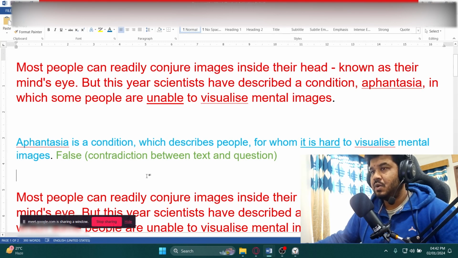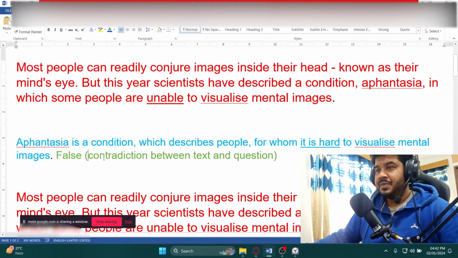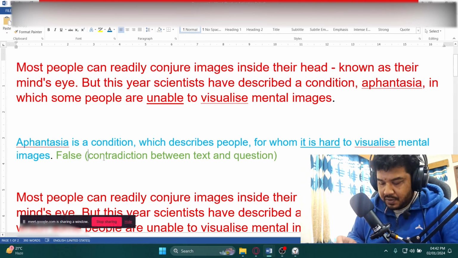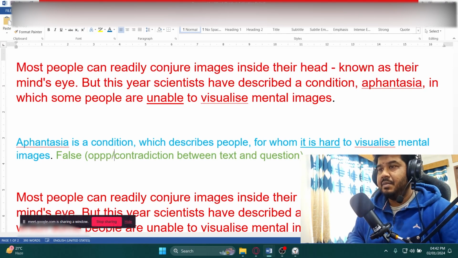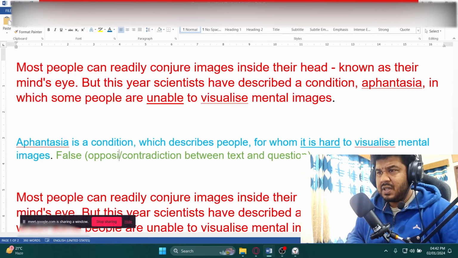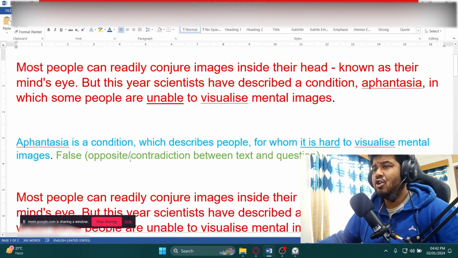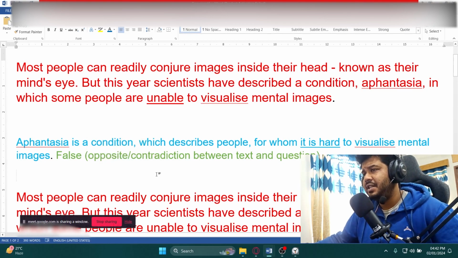What is a contradiction really? What is the opposite that is being said? In false you can also think that false doesn't always mean giving false information, rather giving opposite information. Saying opposite is actually wrong, it is more like a contradiction. But let's say it is opposite or contradictory.